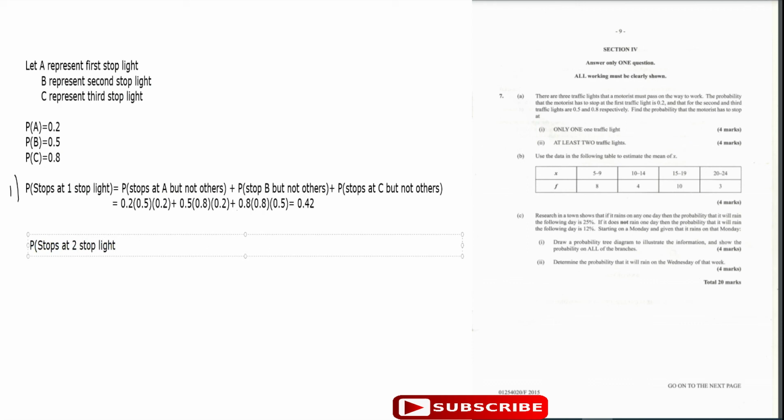To stop at two stoplights means we can find the probability that he stops at A and B, plus he can stop at A and C, or he can stop at B and C. So it's either one, he stops at two, it has to be two. He can stop at A and B, or at A and C, or at B and C. That's going to be the probability of him stopping at two stoplights.